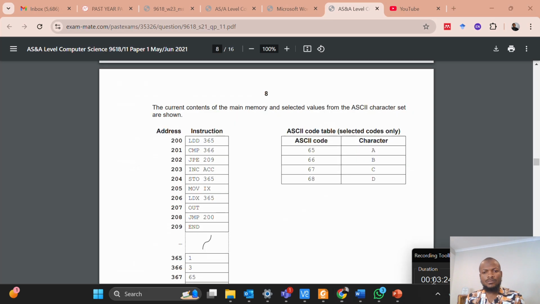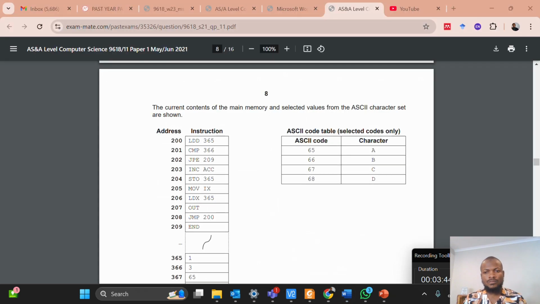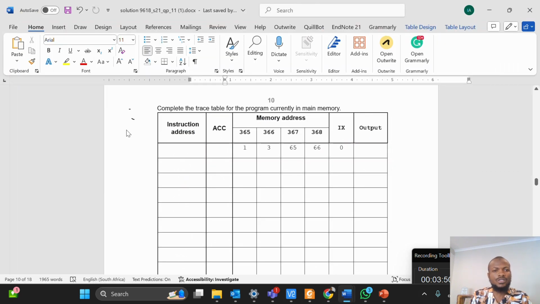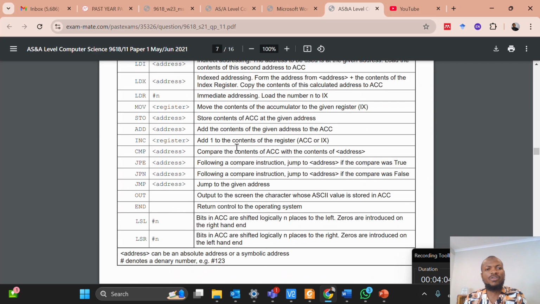So let's start. The first instruction is at address 200: LDD 365. So the instruction address is 200, and I have it here as 200. What does the instruction state? If you don't know what LDD 365 is or you have forgotten, the table has been provided in the question.